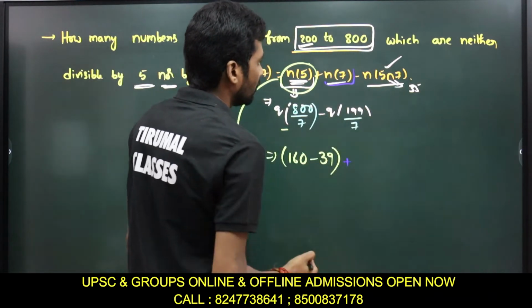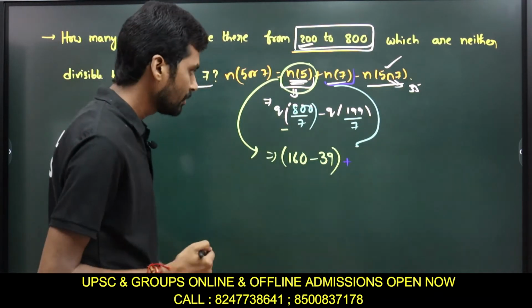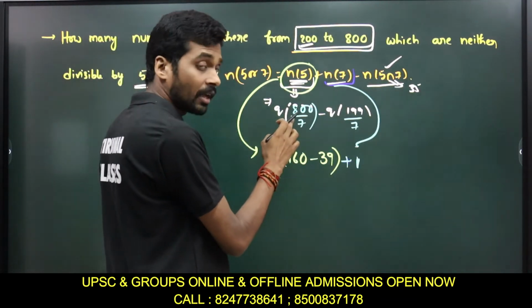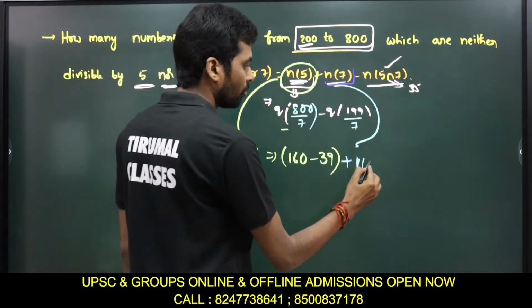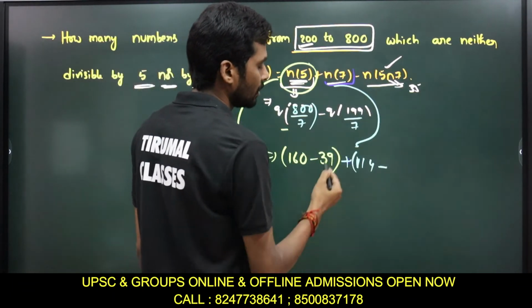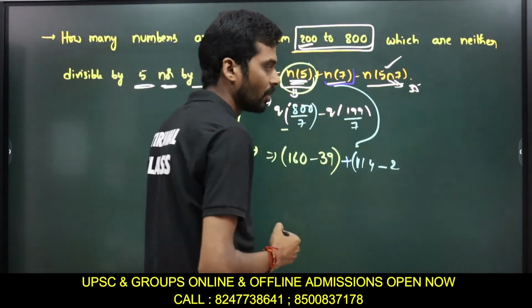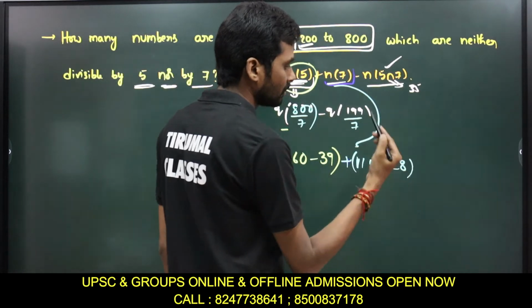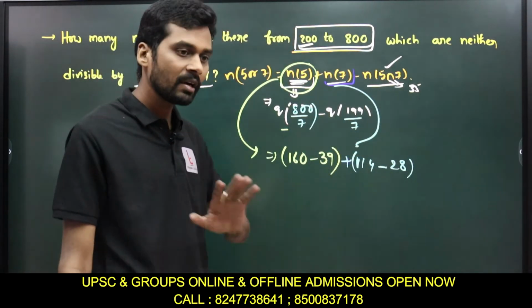For 800 by 7, the quotient is 114. For 199 by 7, 7 times 28 is 196, remainder 3, so the quotient is 28. I take only the quotient part; I'm not bothering about the remainder. The remainder need not be 0.